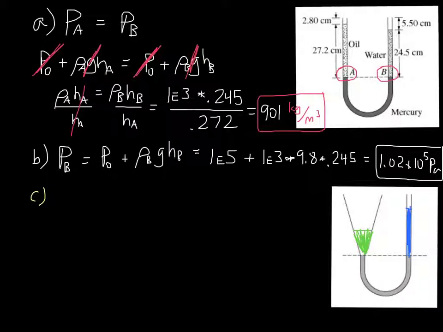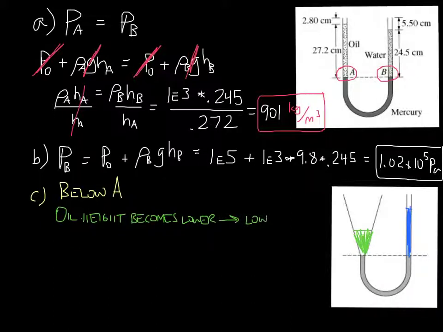So the new position of B relative to A, you can check the blank that says that the new position of B is below A. For your justification, you can say that for the oil, the height becomes lower and that leads to lower pressure on, I guess we'll call it side A, which is the side where interface A is.